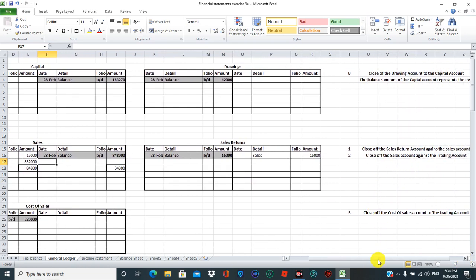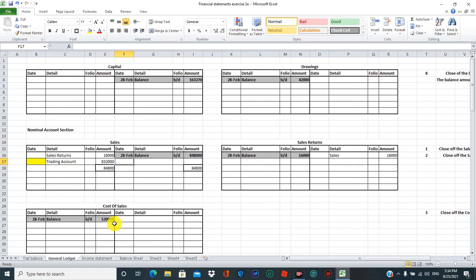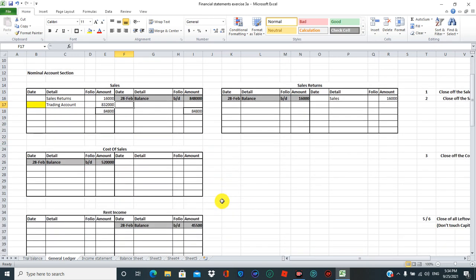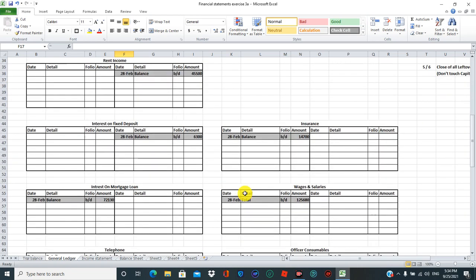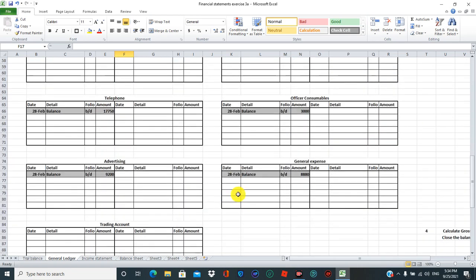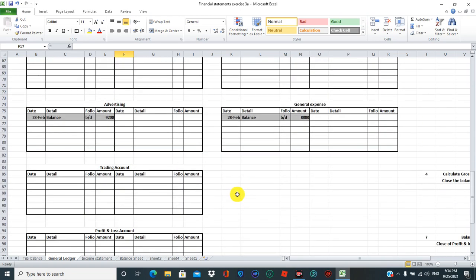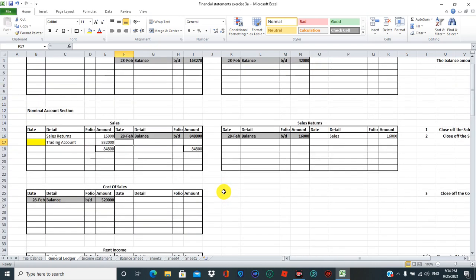So you're closing off, as you can see in rule number 2, the sales account against the trading account. Since you've got a debit balance, this will move to the credit side of your trading account. So let's just go down to the trading account. Sorry, I just want to go up again.